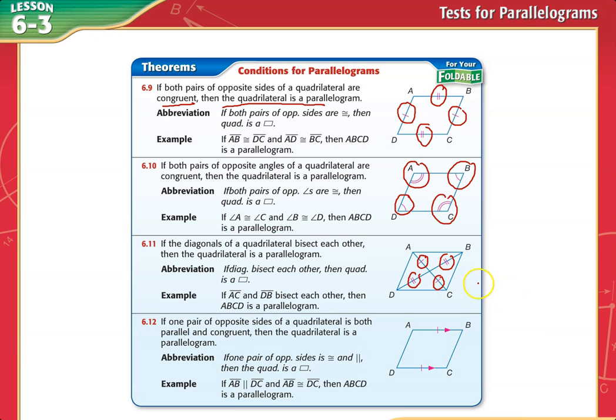Finally, if one pair of opposite sides of a quadrilateral is both parallel and congruent, so if AB is parallel to DC and AB is congruent to DC, then ABCD is a parallelogram.